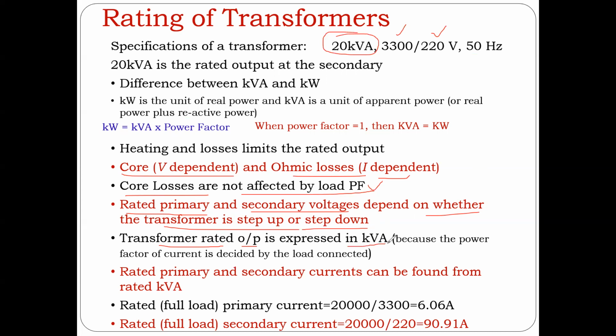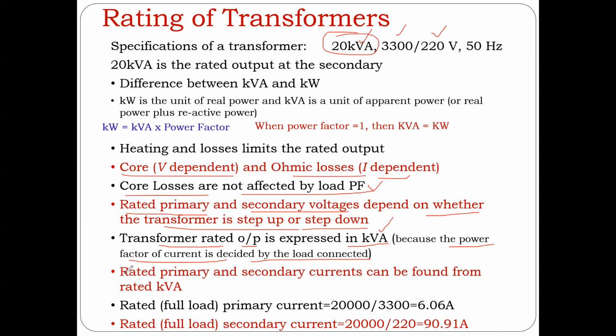It is expressed in terms of kVA, not kW. Why? Because the power factor of the current is decided by the load connected, and so it is going to change.